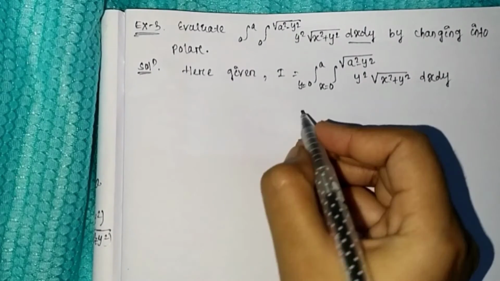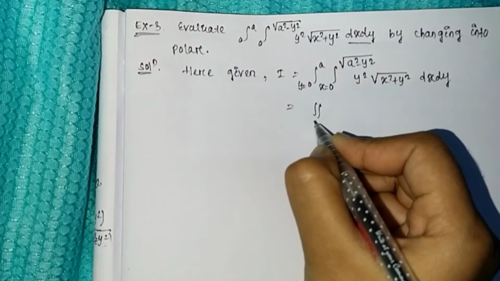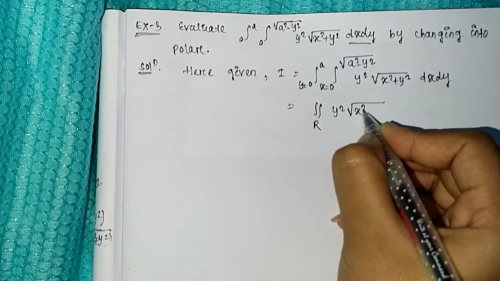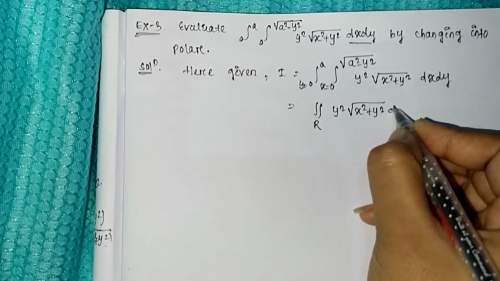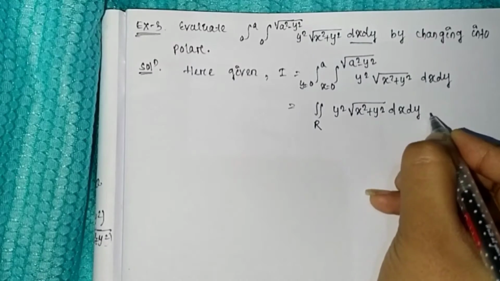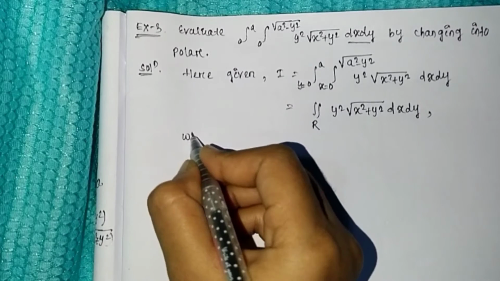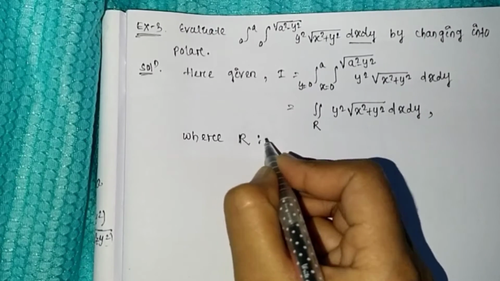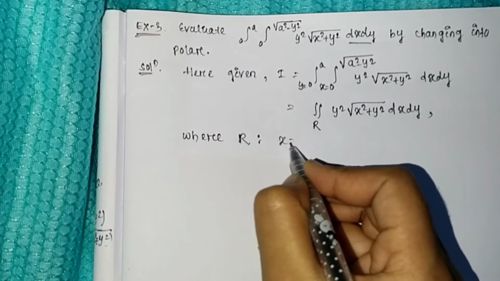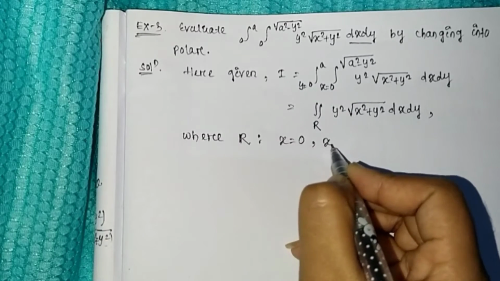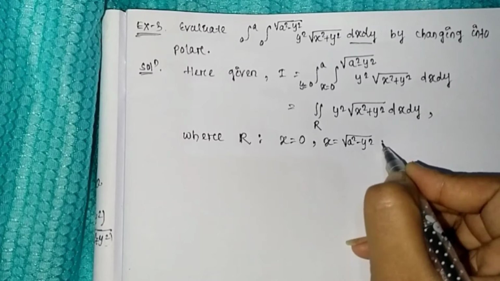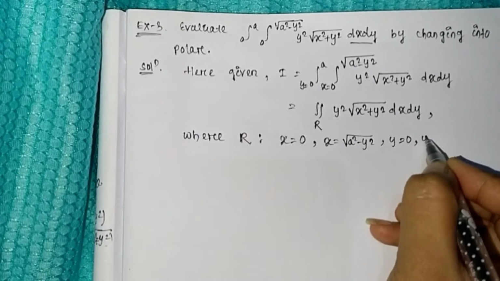So that equals the double integral over R of root over of x square plus y square dx dy, where R is the region bounded by x equal to 0, x equal to root over of a square minus y square, and y equal to 0, y equal to a.